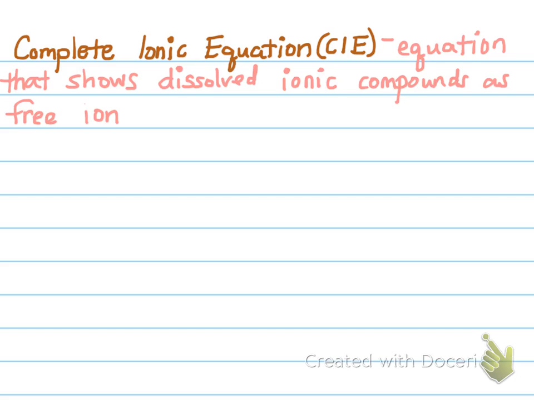So basically, I'm going to take those ionic compounds and break them up into their ions. So I'll have cations and I'll have anions. Remember, cations are positively charged ions, anions are negatively charged ions.